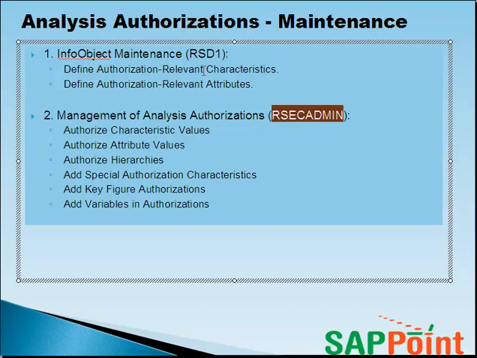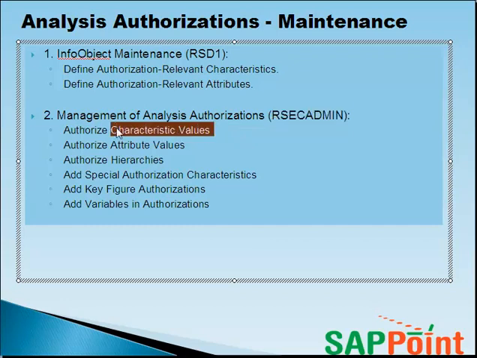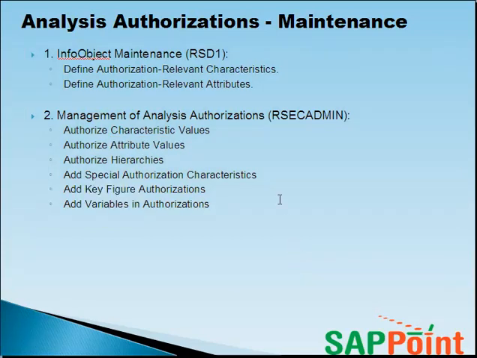So when we do the demos, we'll be using both of these transaction codes. Using RSECADMIN, when you build the analysis authorization, you can authorize the characteristic values, attribute values, hierarchies. You can add key figure authorizations and all this.